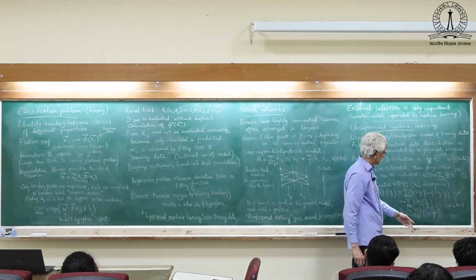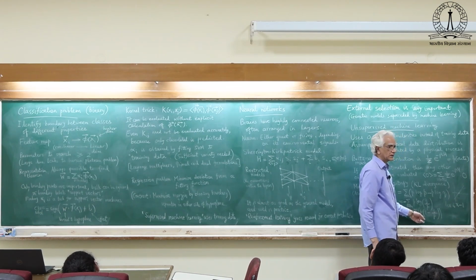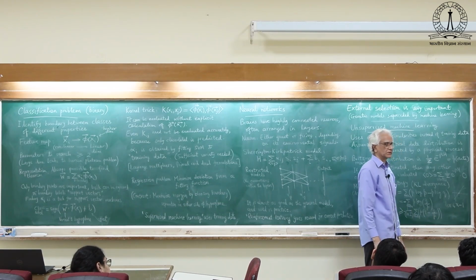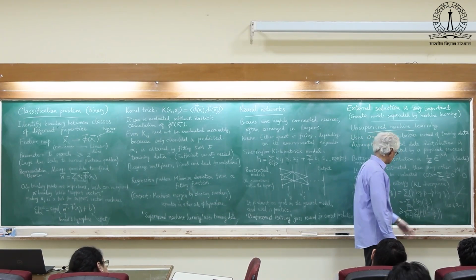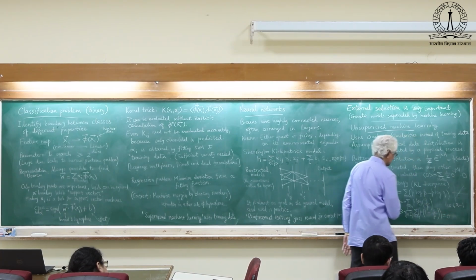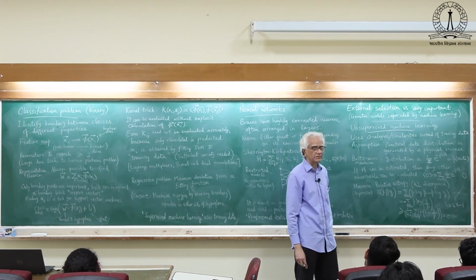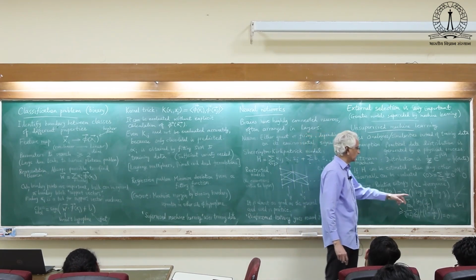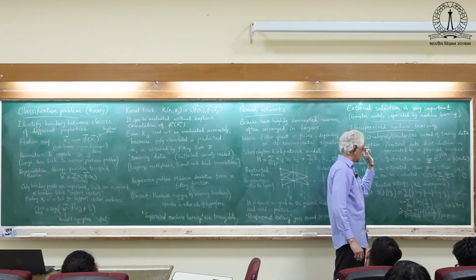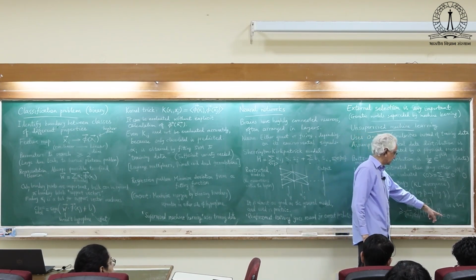is trivial, because the first term will be just the sum over all p's, which is 1. The second term will be the sum over all the q's, which is also 1. So, 1 minus 1 is 0, and that is a nice property of this relative entropy, that it is always positive. And on top of that, when will it be 0?